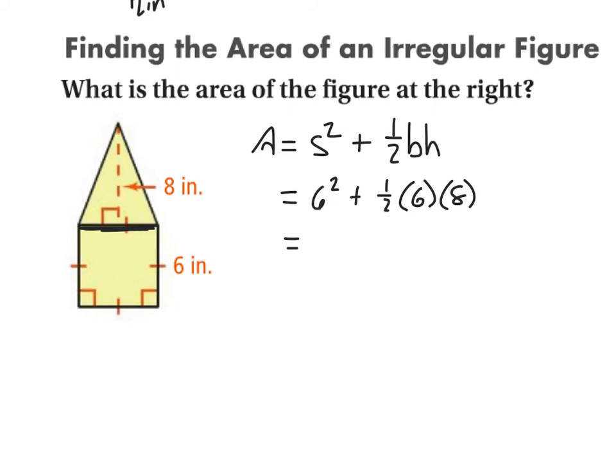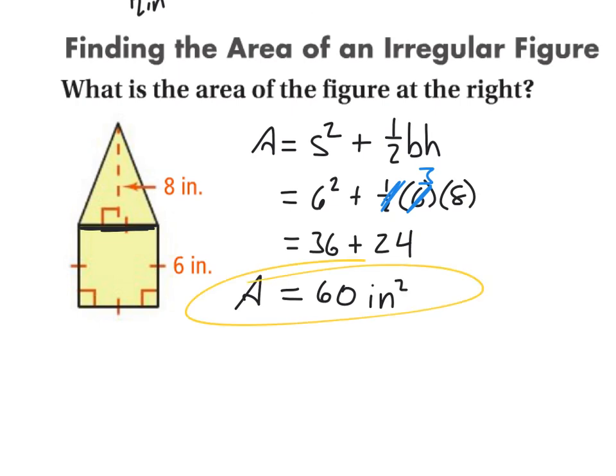So let's see here. 6 squared is 36. 1/2 of 6 is 3. What's 3 times 8? 24. And so 36 plus 24, area is going to equal 60 square inches. Questions?